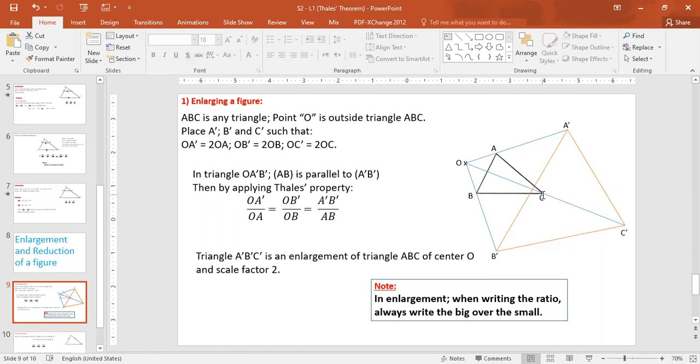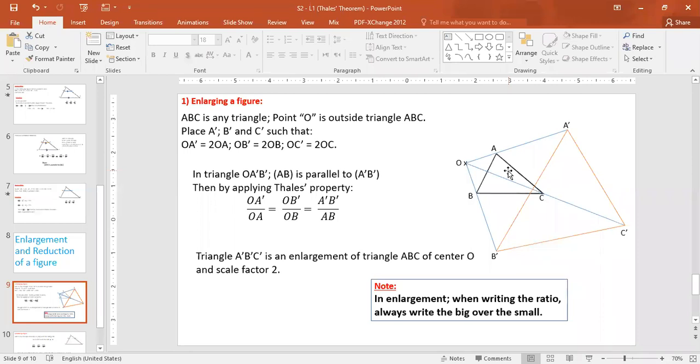Here, I want you to see something. This black figure is triangle ABC. This red figure is triangle A prime B prime C prime. Can you see that the red triangle is larger than the black triangle? Yeah.